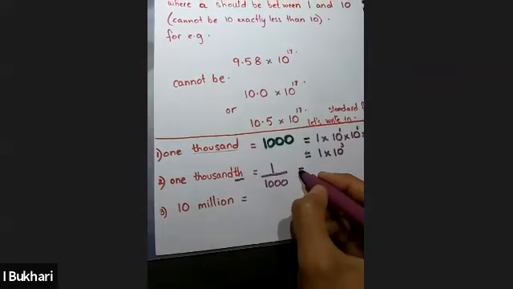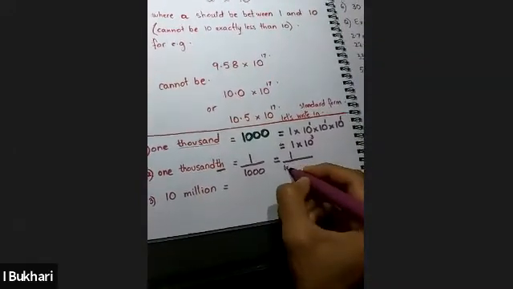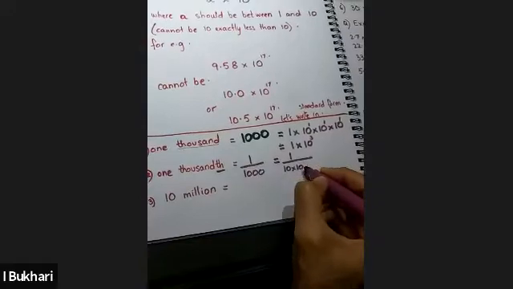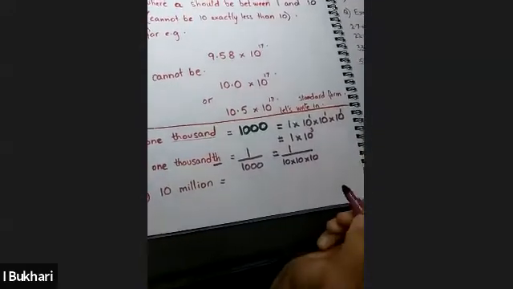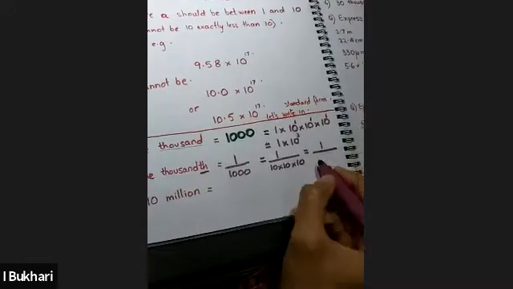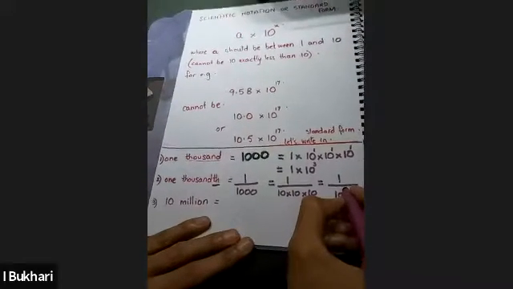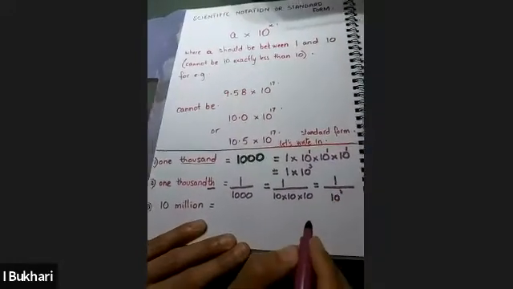So this means that 10 is getting multiplied 3 times, like this. So Urwa, now tell me, what should I write here? 10 minus 3. No, not minus for now, because I have not shifted its place.